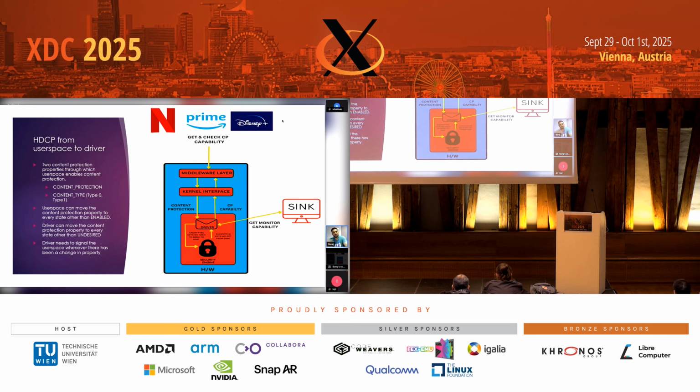If that fails, it falls back to HDCP 1.4. If HDCP 2.x is not available, then it automatically goes to HDCP 1.x. But if the user space specifies type 1 content, then HDCP 2.x is the only protocol that the driver will try to enable.